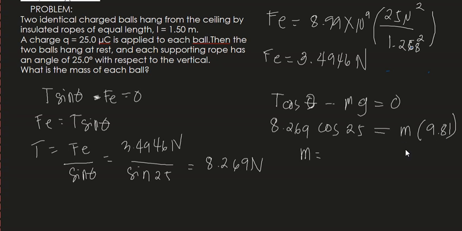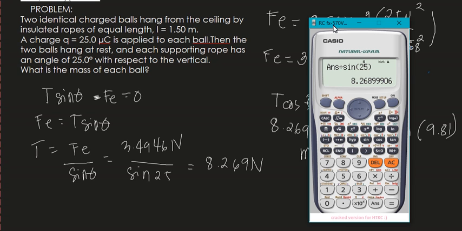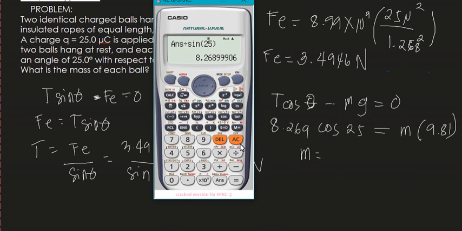So we expect the unit to be in terms of kilogram. I will not show the substitution or the unit conversion, but we automatically have kilogram units. So we will have 8.269 cosine 25 divided by 9.81.